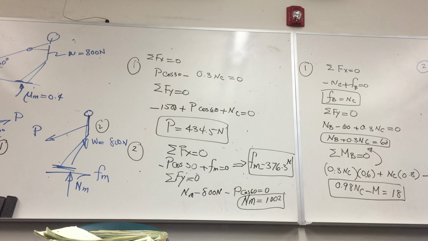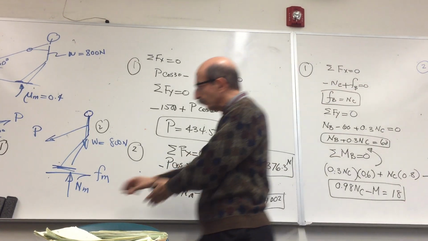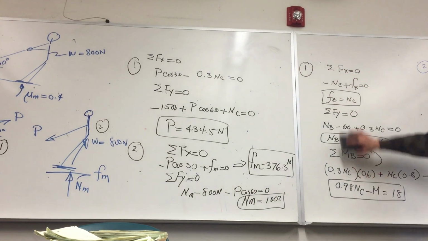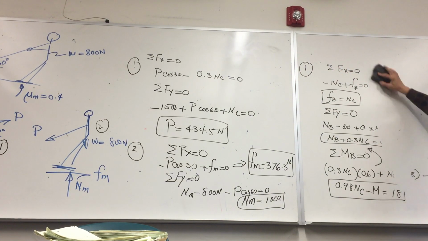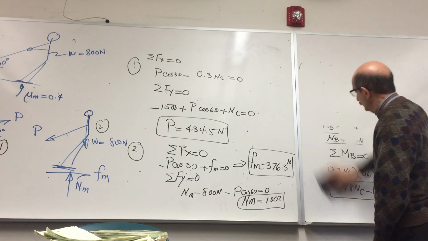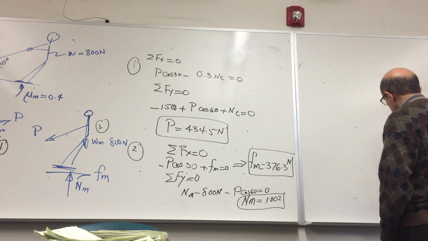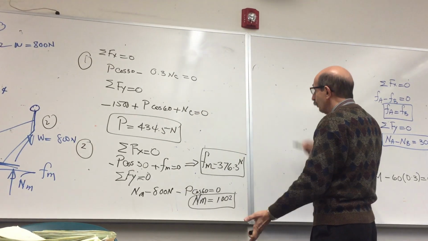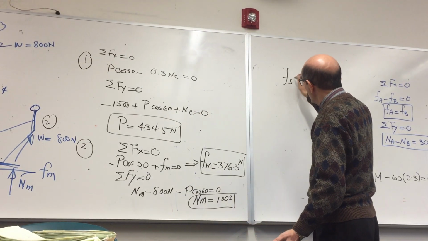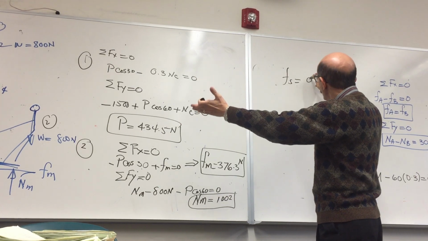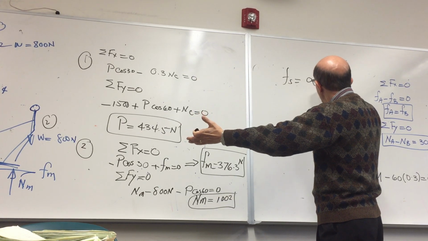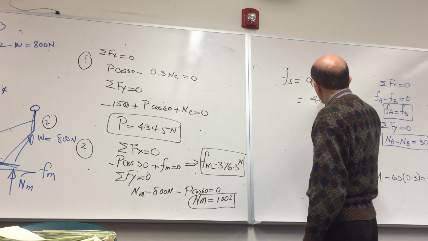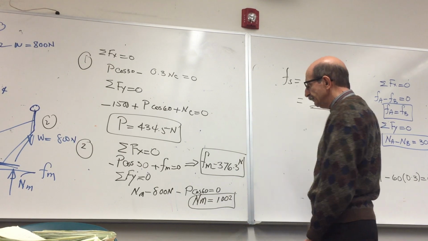Okay. So now the question is, we found the friction force between this guy's shoes and the ground. So is this guy going to slip or is not going to slip? The answer is clear, right? You need to find the maximum friction force that generates between the guy's shoes and the floor. That maximum force would be 0.4 times Nm, or 0.4 times this, which is 400.8, right?